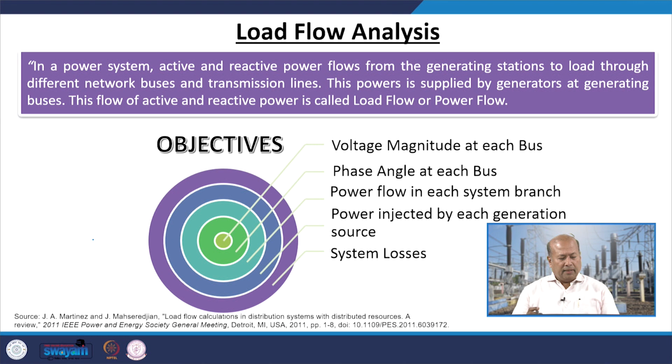Now in any system, we need to understand what parameters are commonly available to us: voltage magnitude, phase angle at each bus, power flow in each system branch, power injected at each generation, and system losses. So the main objective of load flow is to determine voltage at each bus, phase angle at each bus, power flow in each line or branch, power injected at each generation source, as well as the total system loss of the network.